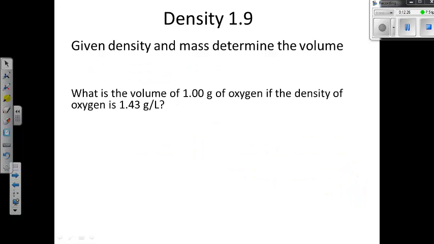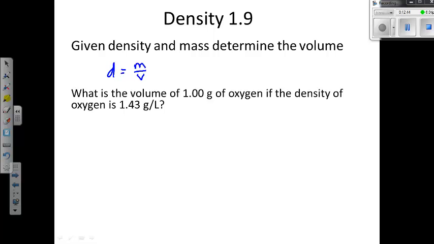Well, let's see what else we got here. One more example. Given the density and mass, determine the volume. Okay, so density is mass over volume. Now I want to determine the volume.